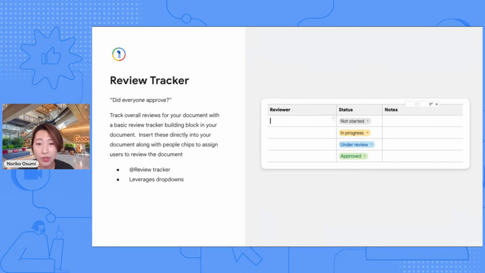You can start to think about how these building blocks can apply directly to your daily workflows. A lot of users today are maybe highlighting a particular comment, or highlighting the title of the document, commenting and tagging someone, saying, hey, would you mind reviewing this?